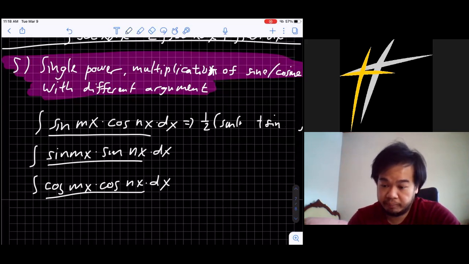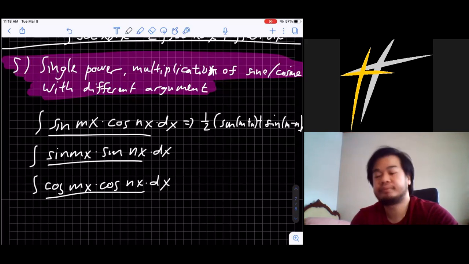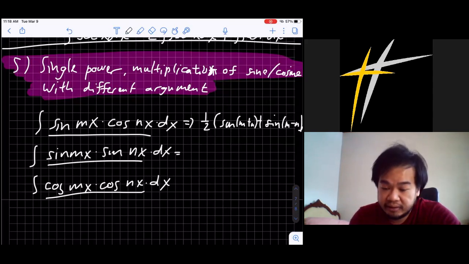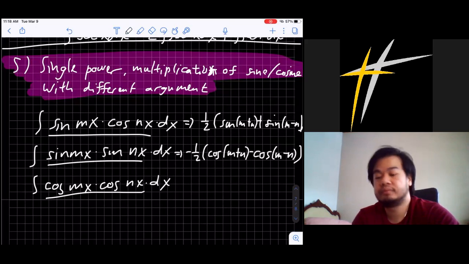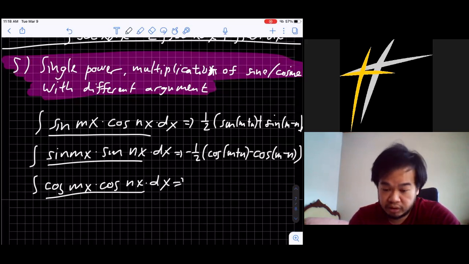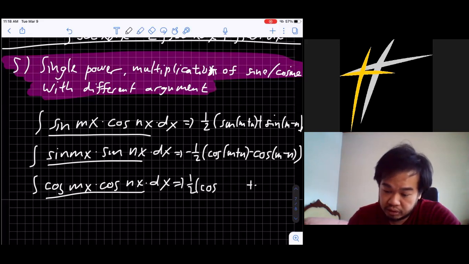So it's m plus n, m minus n. Yeah, if it's sine times sine, then actually it's negative half of cos minus cos, m plus n, m minus n. If it's cos times cos, then half of cos plus cos.